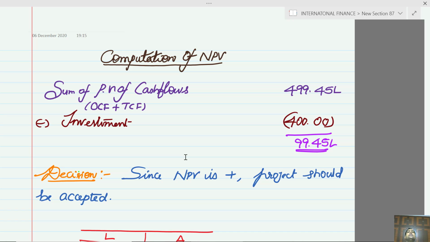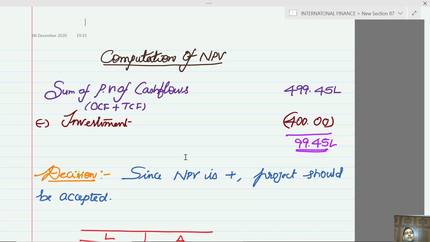But my principal was only 400. Out of 499.45 lakhs, if I paid 400 lakhs, I am left with 99.45 lakhs. That is the profit from the project. So, if this project is accepted as on today, I would get a profit of 99.45 lakhs.